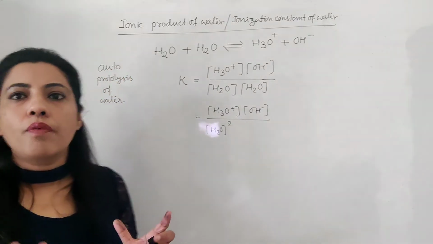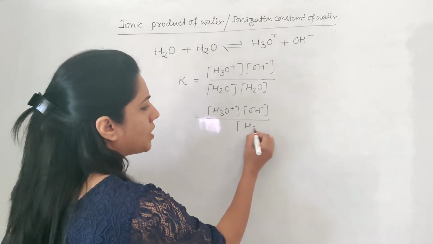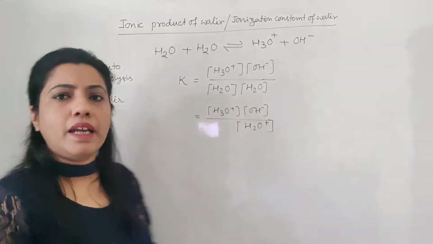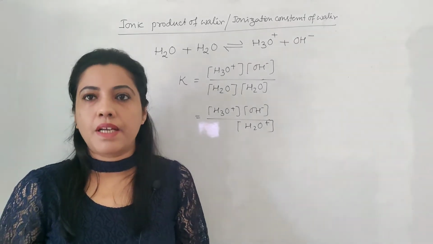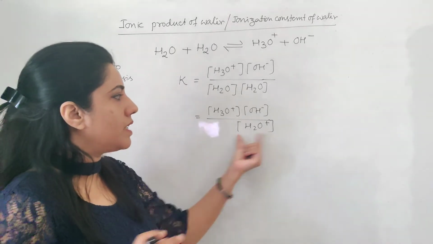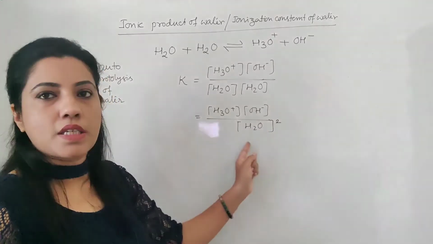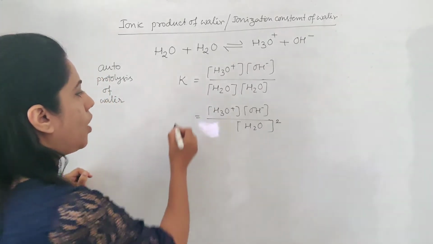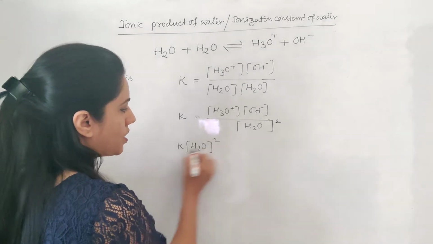Now see, the concentration of H2O doesn't change, because there are many molecules of H2O. The concentration of H2O will hardly change because it acts as a solvent and many molecules are there. So that is why we will take this whole thing, H2O whole twice, as a constant. So take this also to the other side along with K and say this entire thing is a constant.